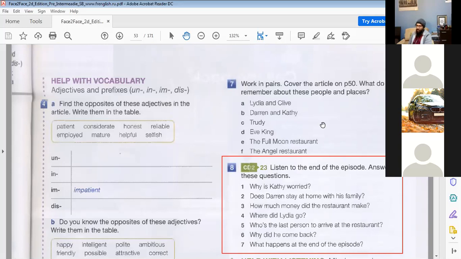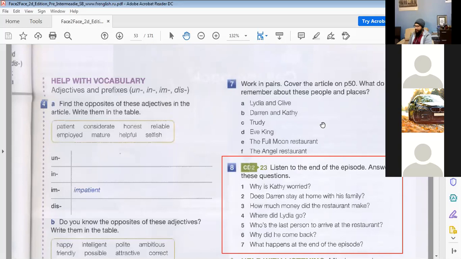How much money did the restaurant make? The Full Moon. Do you think a lot or not a lot? Not a lot.